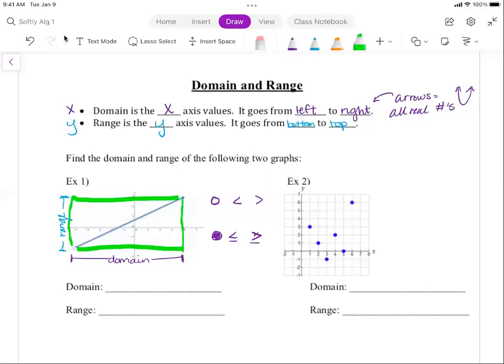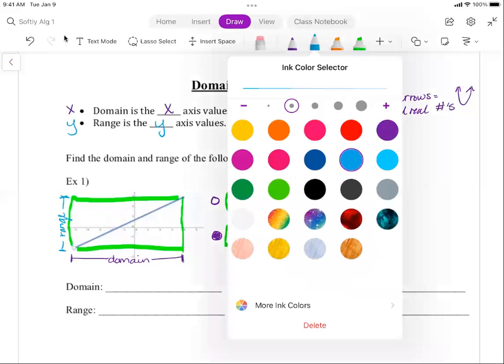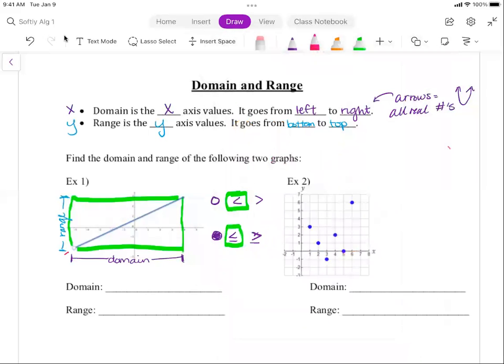What we're going to be using is this symbol or this symbol, paying attention to the circle. If I look at this circle right here, the circle is open, so it's going to have a less than symbol. If I look at this circle right here and it's closed, it's going to have a less than or equal to symbol.